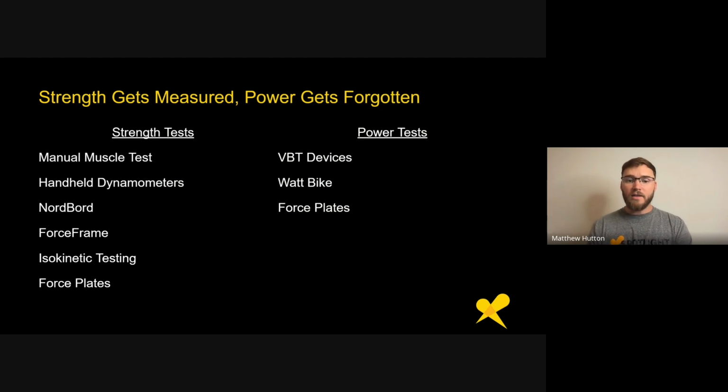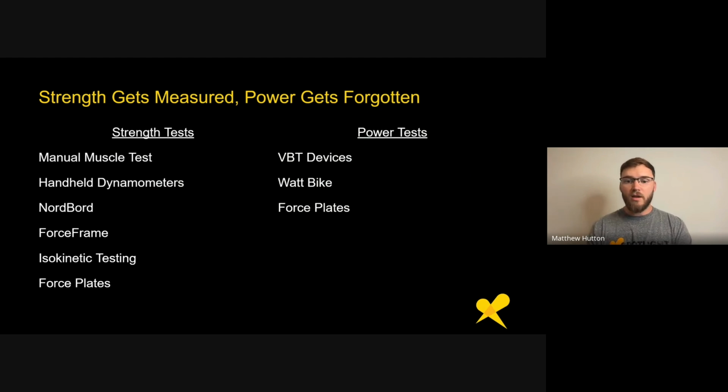But as you can see, the list for strength exercises or strength testing is a lot more vast than it is for power tests. There's a few different companies that make velocity-based training devices, but there's not that many clinicians who use them, to my knowledge. It's more common in a gym space or a performance training space than it is in the rehab space.